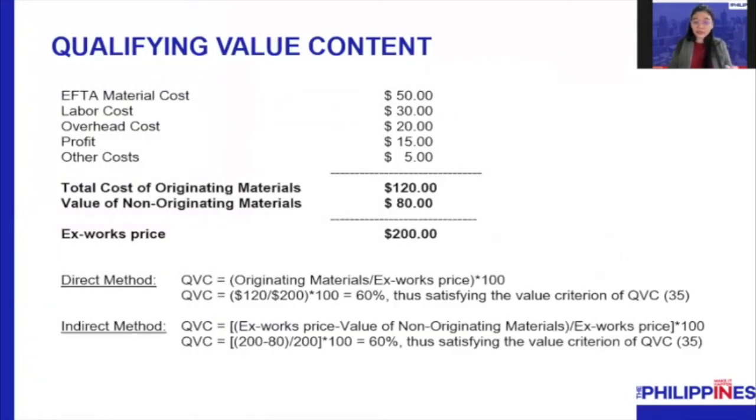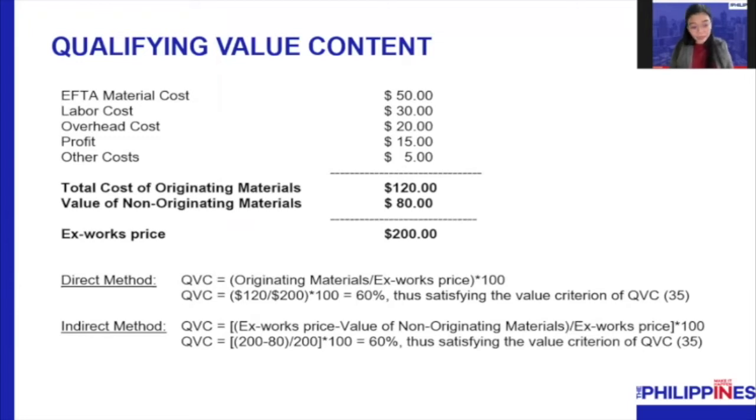So here we have an overview. For the direct method, the qualifying value content is computed using this formula: originating materials divided by the ex-works price times 100. Given the example on the screen, the good is considered to be originating, given that the qualifying value content is 60%, which satisfies the value criterion of 35%.